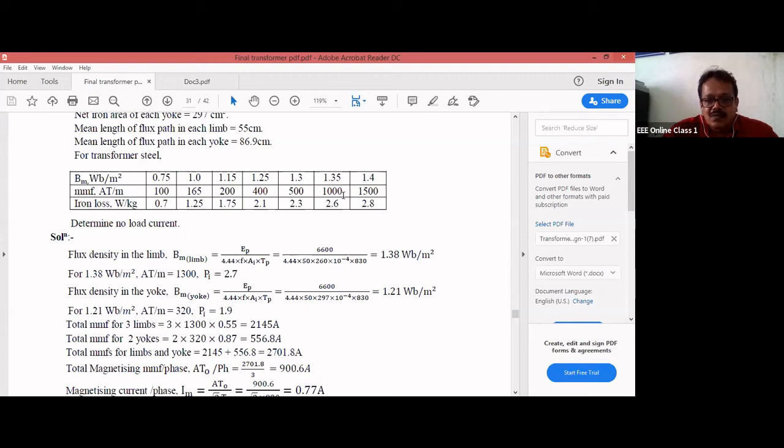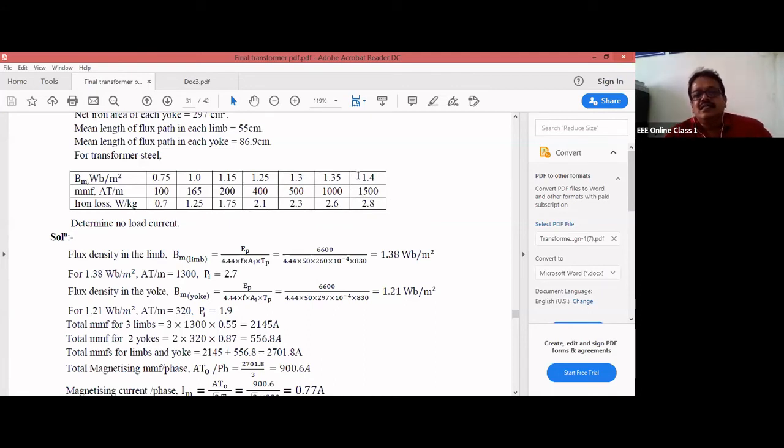So 1.35 is 1000, 1.36 will be 1100, 1.37 will be 1200, and 1.38 will be 1300. So for 1.38 Weber per meter square, ampere turns per meter will be 1300. Likewise 1.39 will be 1400 and 1.4 will be 1500. The difference is 5.